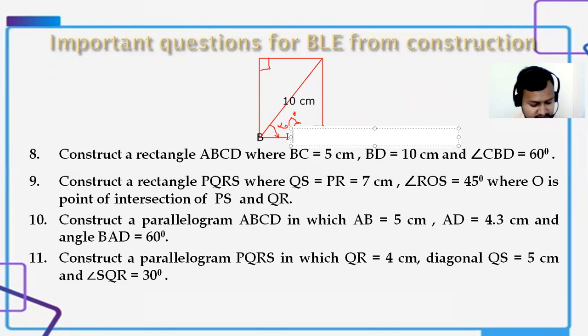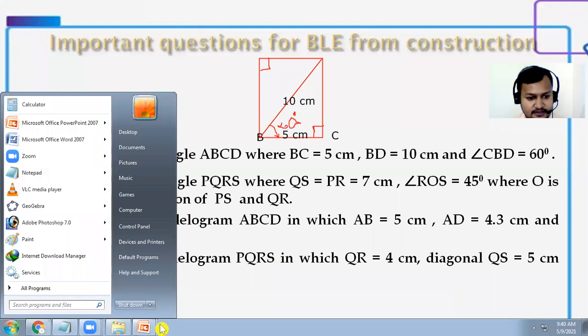Base BC it is 5 centimeter. These things are given to us. Now we have to draw the figure by taking BC as base and the diagonal 10 centimeter, other angles 90 degree. So it is clear how we have to draw it. So let's move to its drawing. Thus this was the rough figure.